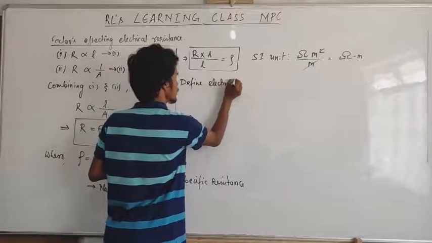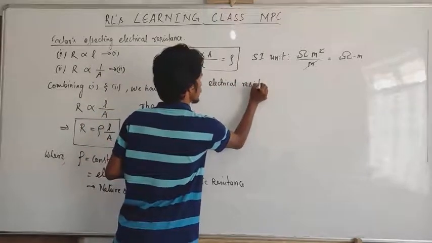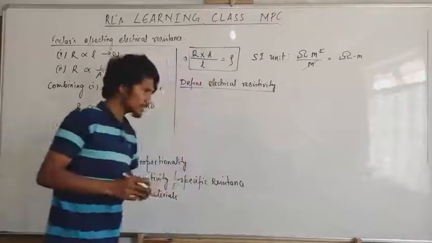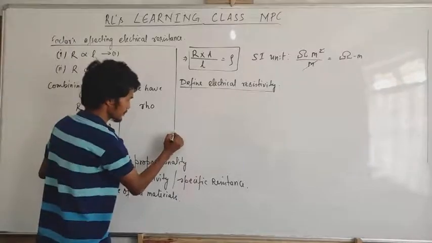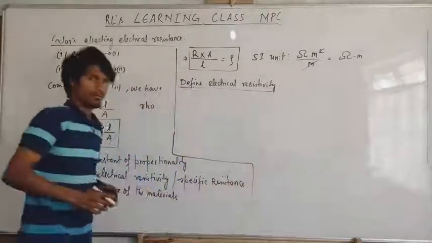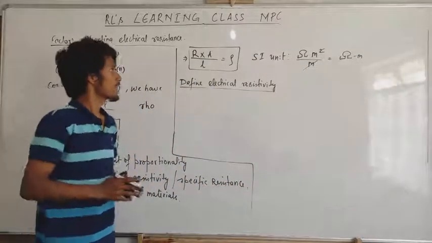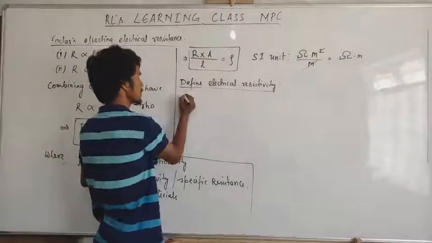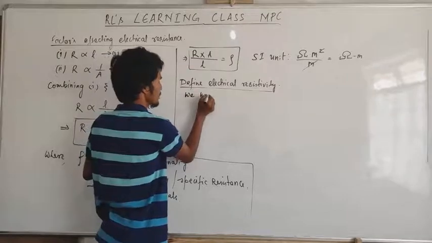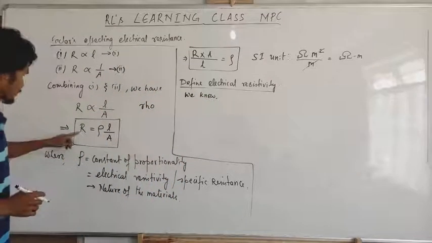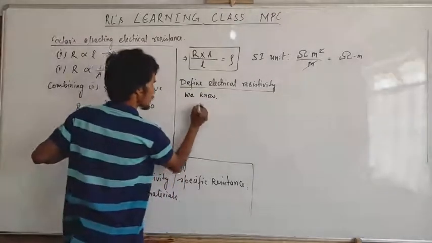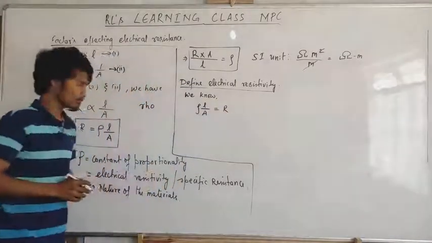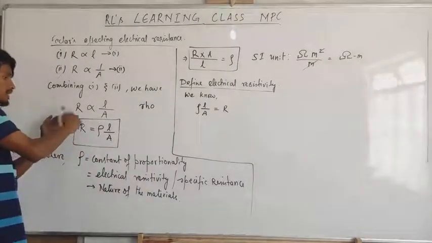we will do it like this. I'll take this formula to define it. Rho L by A is equal to R, just interchanging this side and that side.